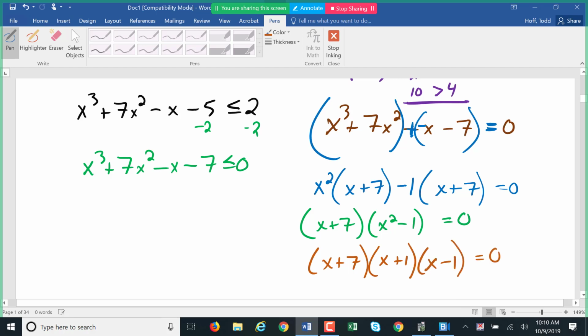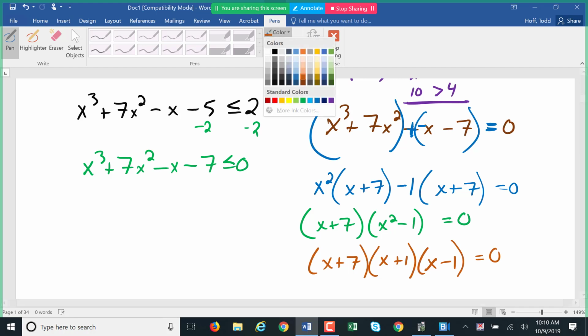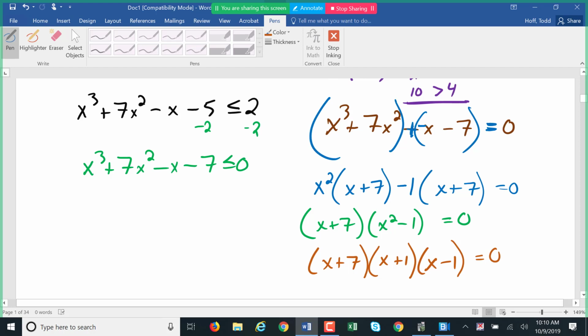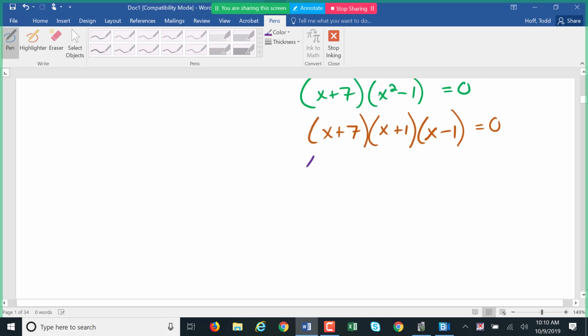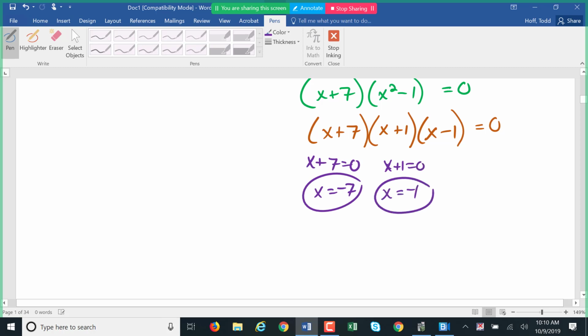So we have three zeros here. Nothing potential about them, they are zeros. So x plus 7 equals 0 gives us that x could be negative 7. X plus 1 equals 0 gives us that x is negative 1.